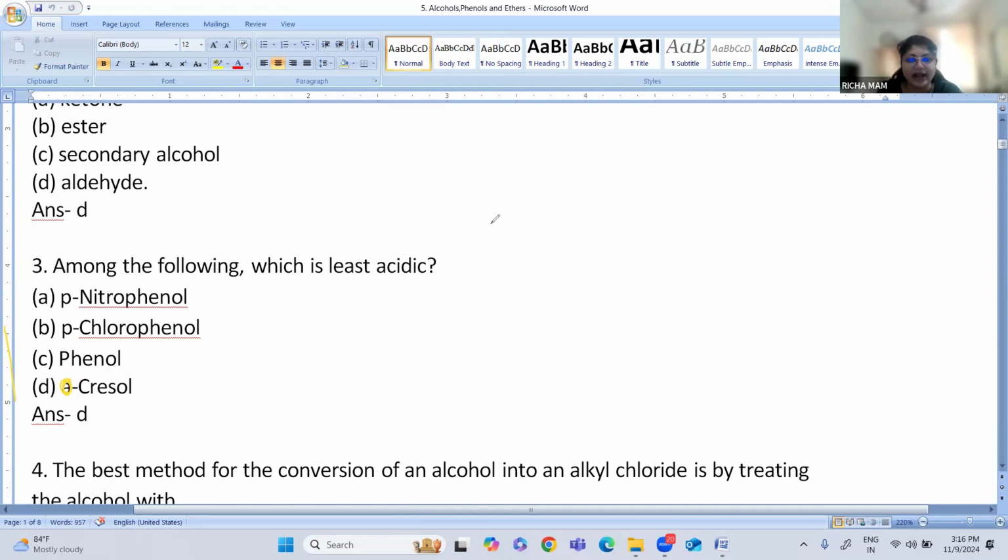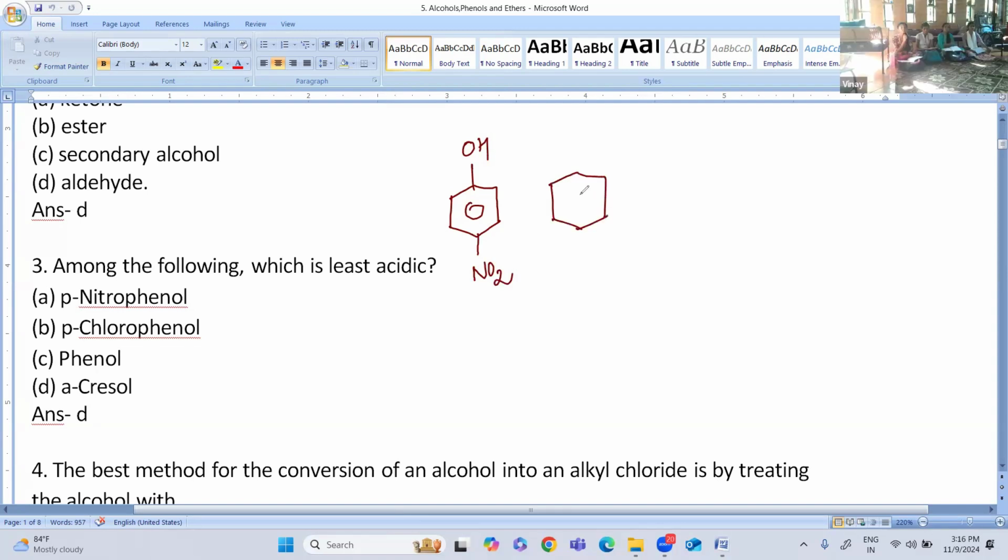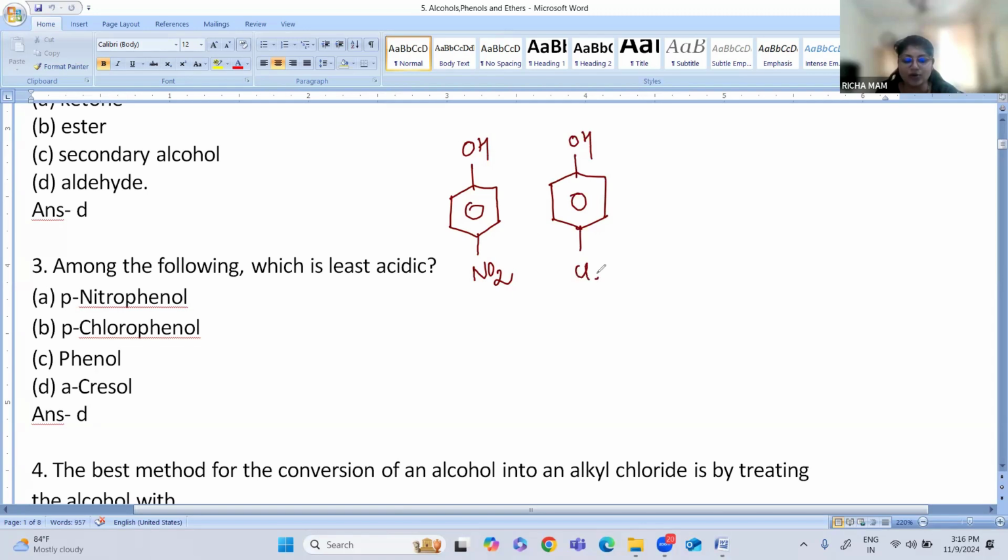Let me write the structures first. With respect to phenol, this is at the para position, so this is paranitrophenol. Next is phenol with chlorine at the para position, so this is parachlorophenol.